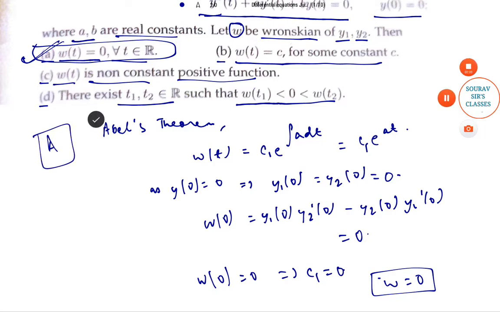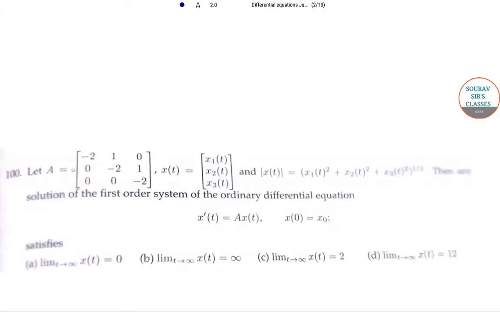The next question is: let A be the matrix with rows (-2, 1, 0), (0, -2, 1) and (0, 0, -2). x(t) is equal to (x1(t), x2(t), x3(t)), and mod of x(t) is equal to (x1(t) square plus x2(t) square plus x3(t) square) whole to the power half.